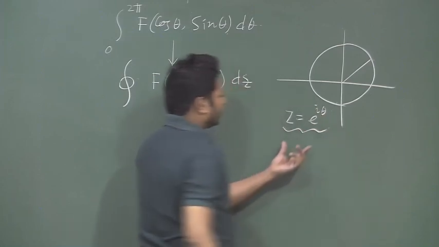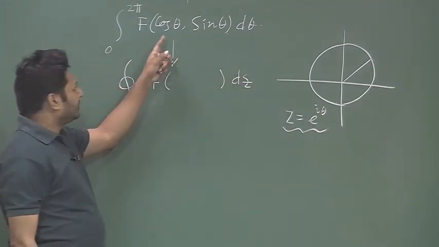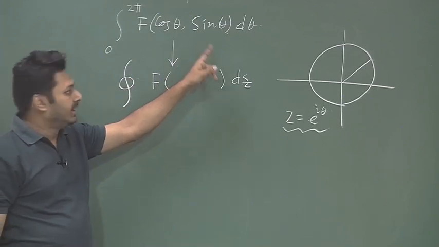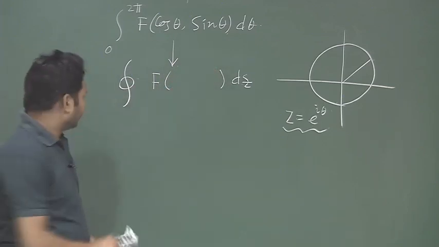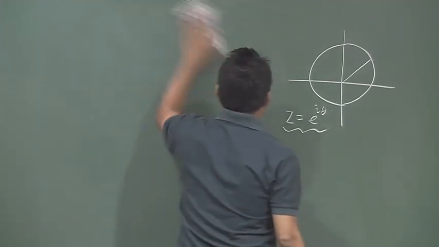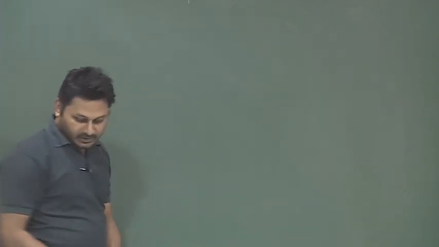That was the transformation we make, and also we need to change this trigonometric function cos theta and sin theta in terms of z, and we did it. So, let us continue with that. This is the concept we are going to use to solve this problem. So, let us take another problem.